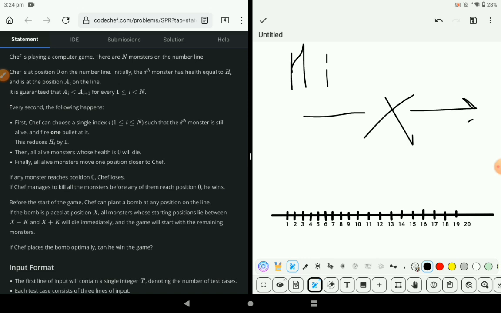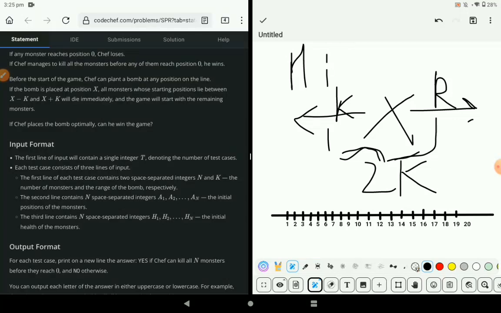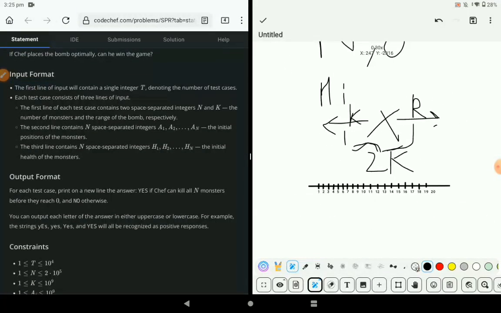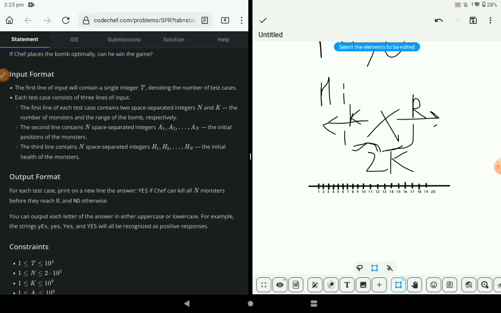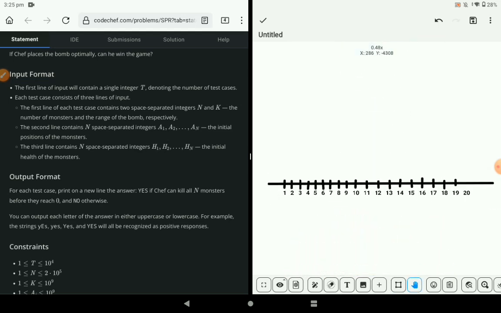Meaning from X minus K to X plus K, monsters within that distance from X can be killed. So basically the monsters can be killed within a range of 2K. Yeah, let's try to understand the problem with the help of an example.